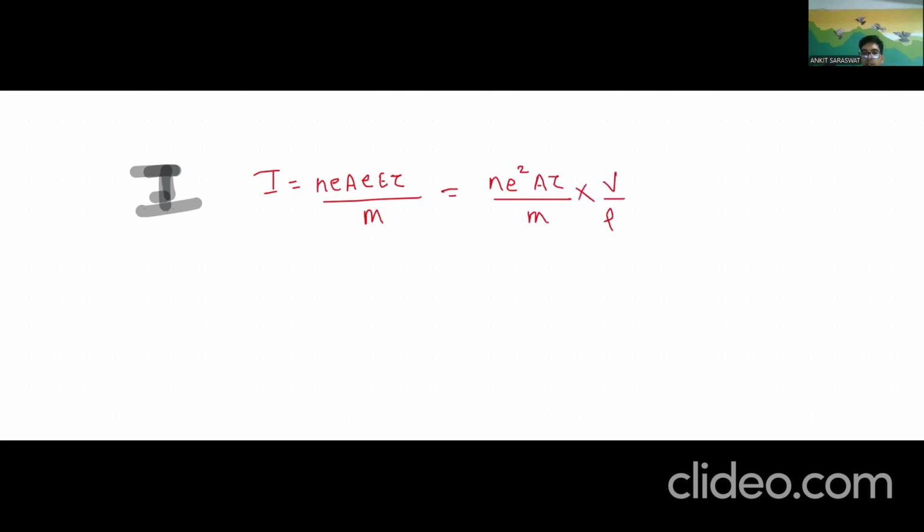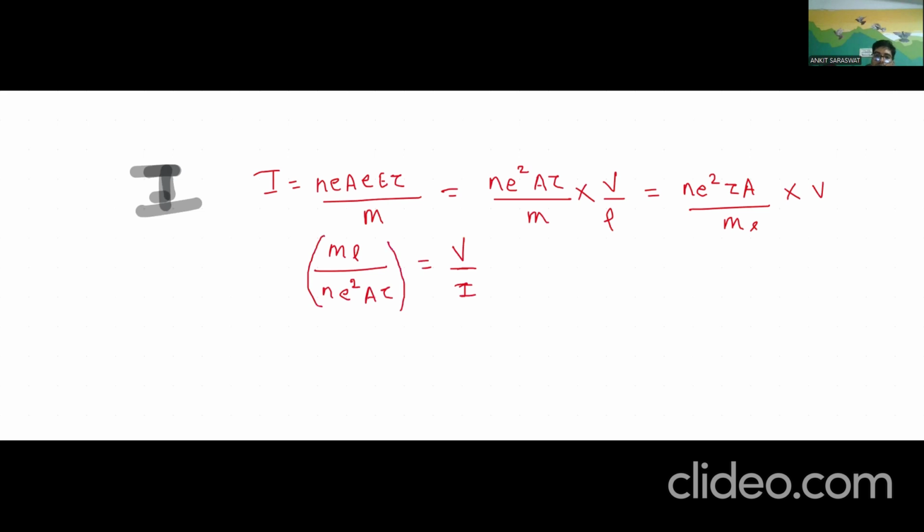So I is n e square tau A by m L times V. If I take this to the left side, m L by n e square A tau will be V by I. Now what is this V by I? It is the ratio m L by n e square tau A. Clear?